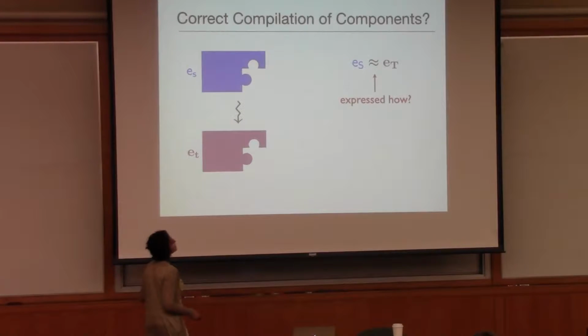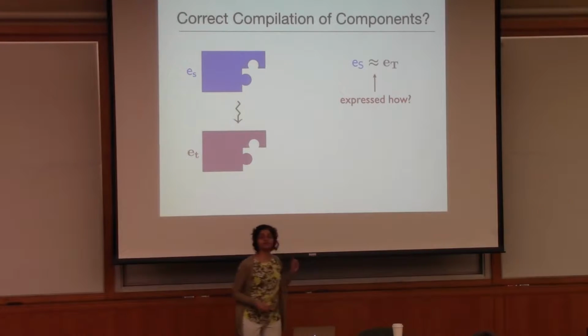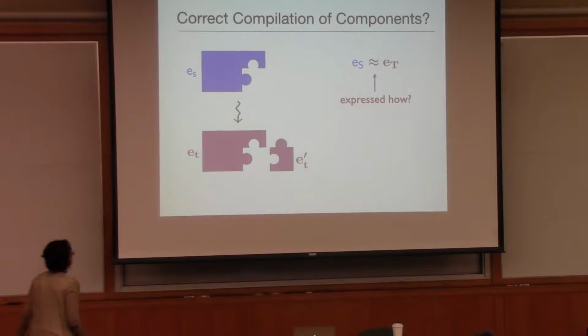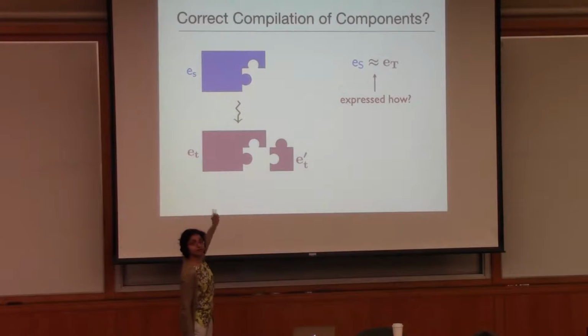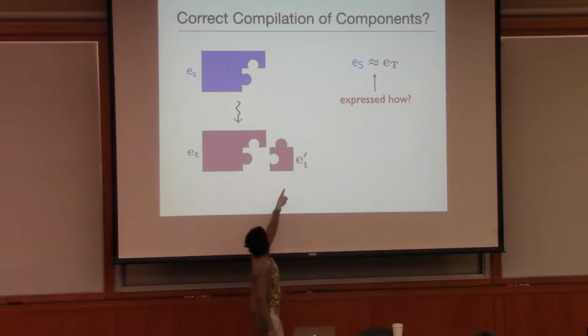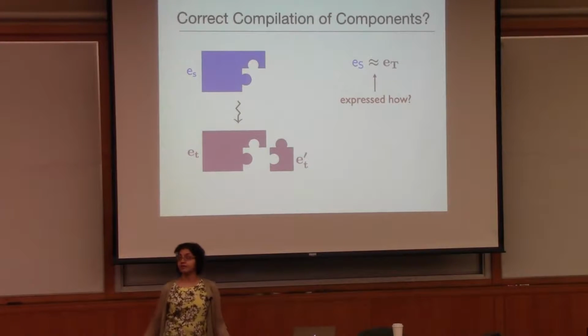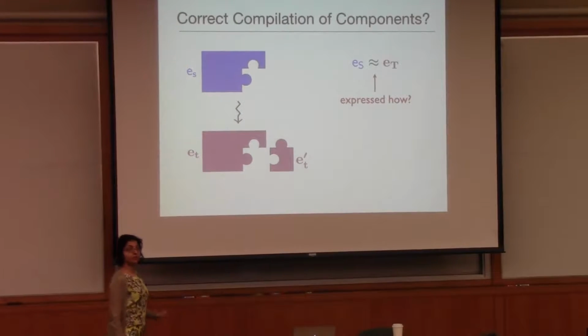So how do we express that this source component e_S is equivalent to this target component e_T? Let's think about how we want to use these compilers. I want to compile a component, and then I want to link my compiled e_T with some other e_T prime. And I've already tried to motivate that this e_T prime might come from anywhere, produced by a different compiler or whatever else.